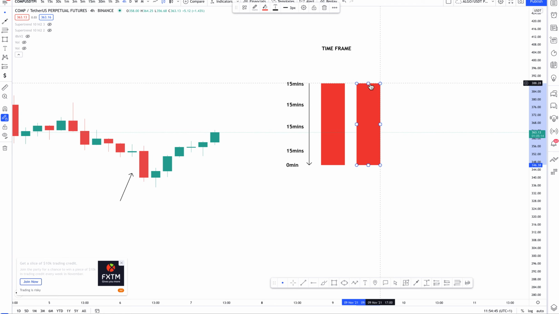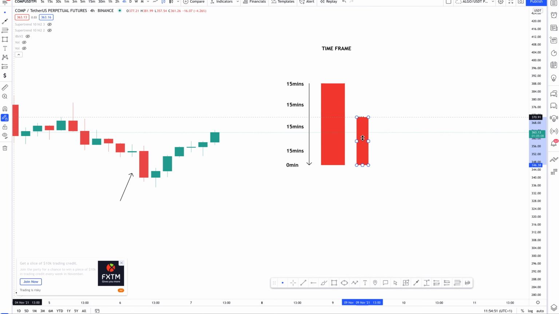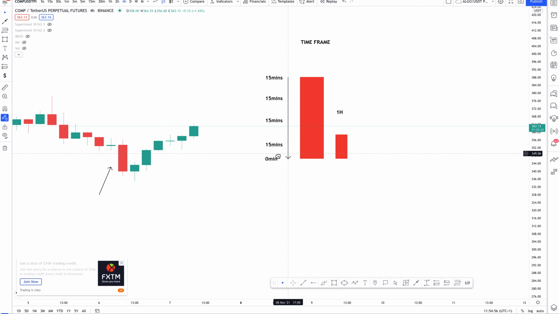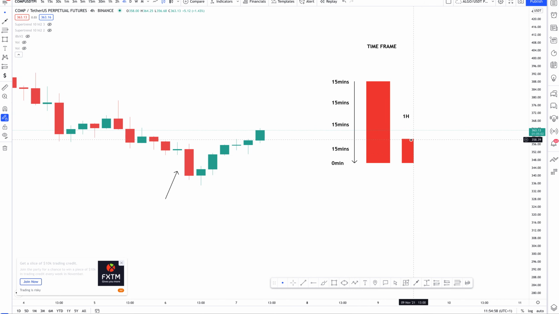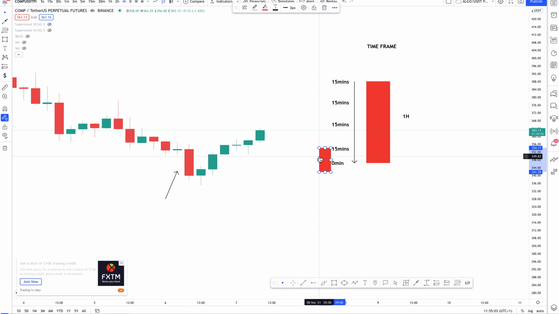So let's say this is a 15-minute candle, and you get something like this on the chart.